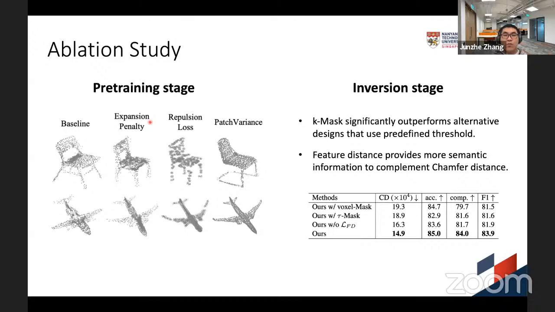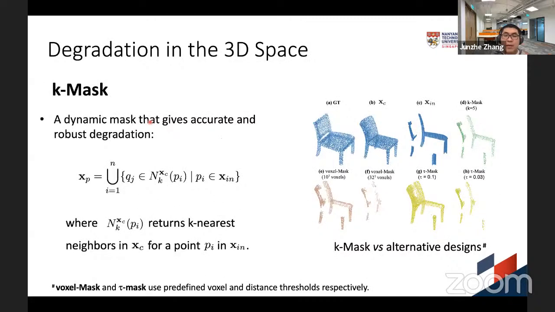Another thing we can do, instead of downsampling, is tune the number of K when we use the K mask, so that we can make sure that XP and XIN are quite comparable in terms of the resolution.